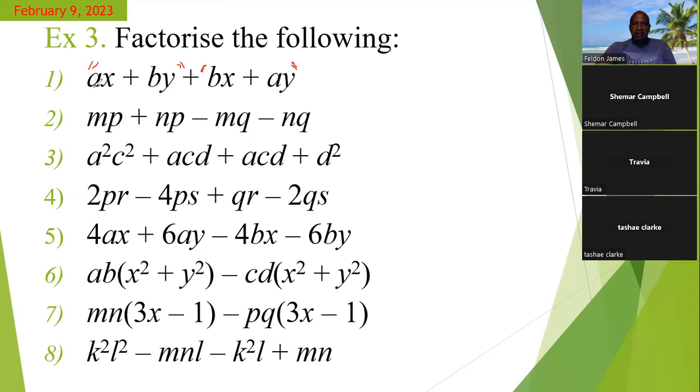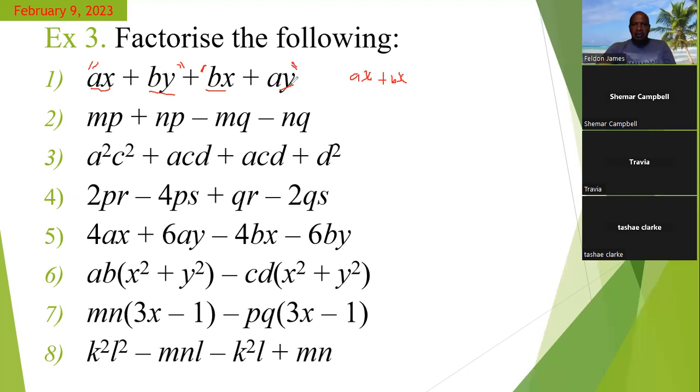For instance, we have AX here and BX. What is common to these two terms is the X, so we could pair those together. So we could write AX plus BX as our first pair. Now we look at the next two. We have BY and AY. Those can also be grouped because they have Y in common.